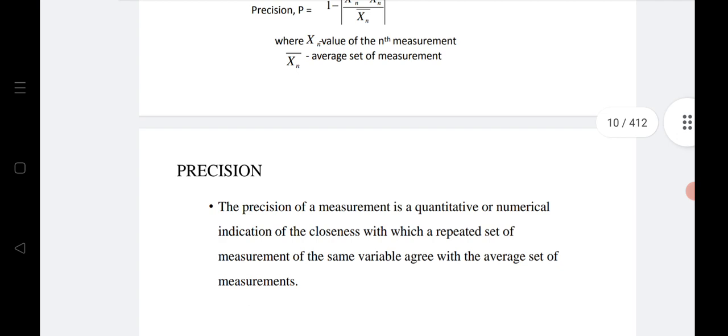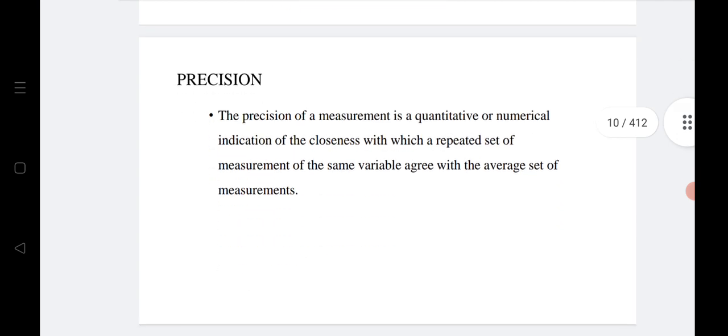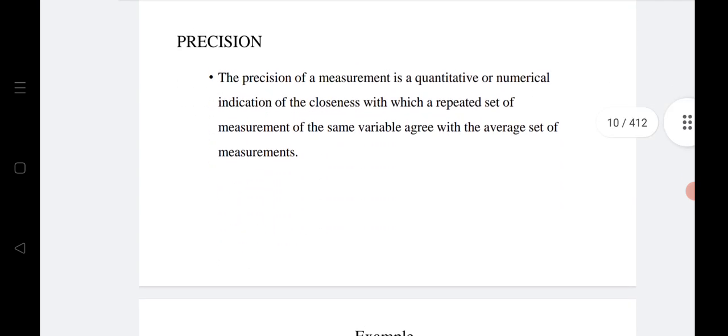What is precision? The precision of a measurement is a quantitative or numerical indication of the closeness with which a repeated set of measurements of the same variable agrees with the average set of measurements. So repeatedly I will take the same quantity and measure it.